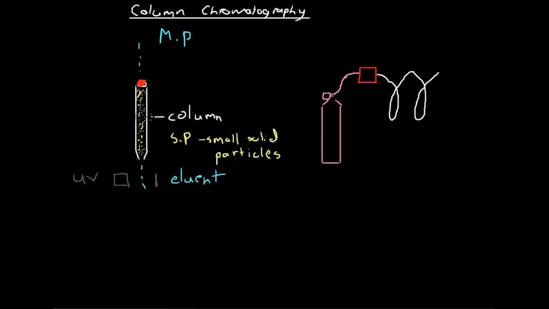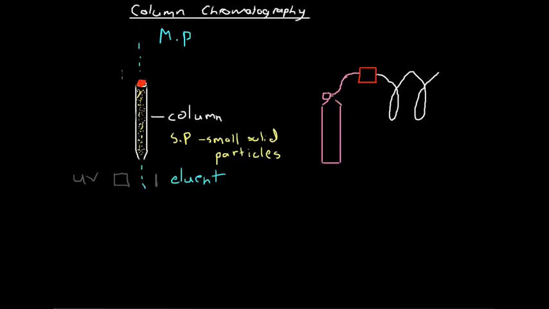Depending on what substance is in the eluent at a given time, different amounts of UV will pass through, because different substances, whether components of the sample or the mobile phase, absorb different amounts of UV light. So as the makeup of the eluent changes, as different components from the sample come out the bottom of the column, different amounts of UV light reach the detector, and we get varying readings, which we'll be able to analyze a little bit later on.